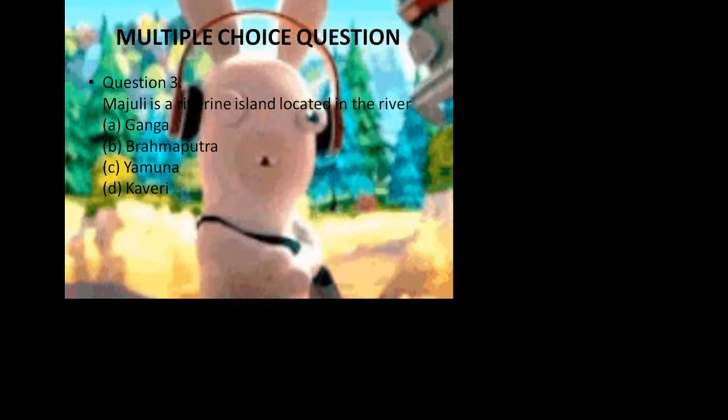Options are Ganga, Brahmaputra, Yamuna, and option D, Kaveri.